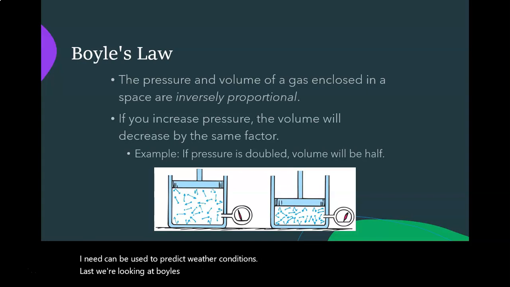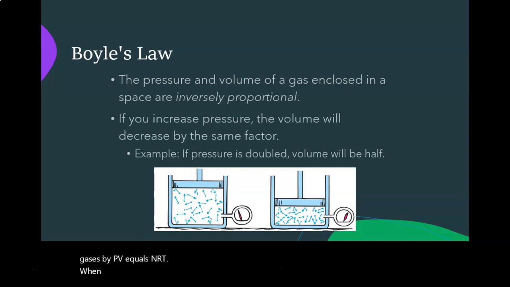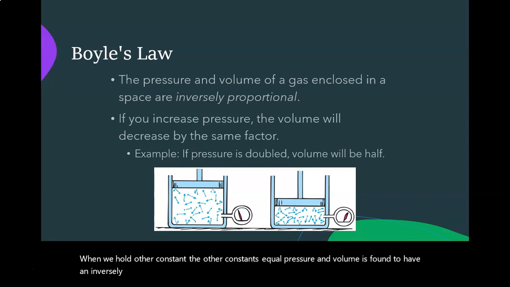Boyle's law uses the main equation that we look or analyze gases by, PV equals nRT. When we hold the other constants equal, pressure and volume is found to have an inversely proportional relationship. What does that mean in common or layman's terms?